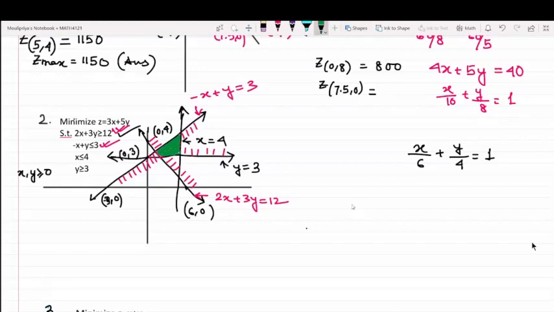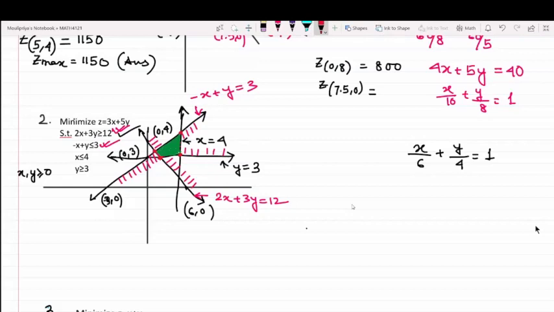The corner points, and since this is a minimization, tell me, the region that I painted green, that is known as the feasible region. Correct. What we are interested in is finding the corresponding optimal solution, right?